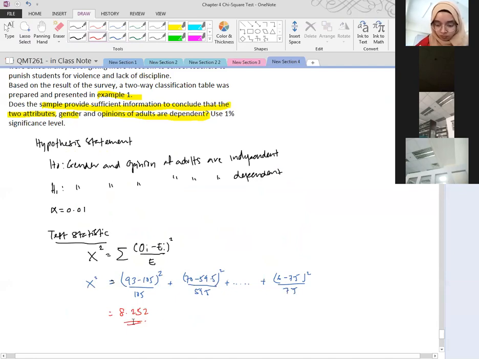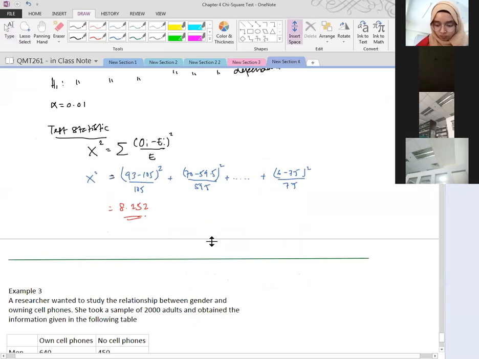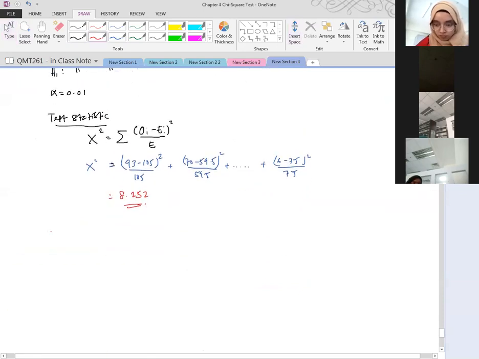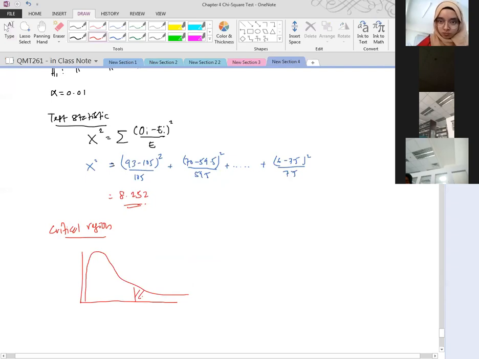So the next step is we need to find the critical region, right? Our critical region is still using a skewed to the right distribution, which is chi-square distribution. So this is chi-squared 0.01 with degree of freedom. Our degree of freedom here is row minus 1 multiplied with column minus 1.